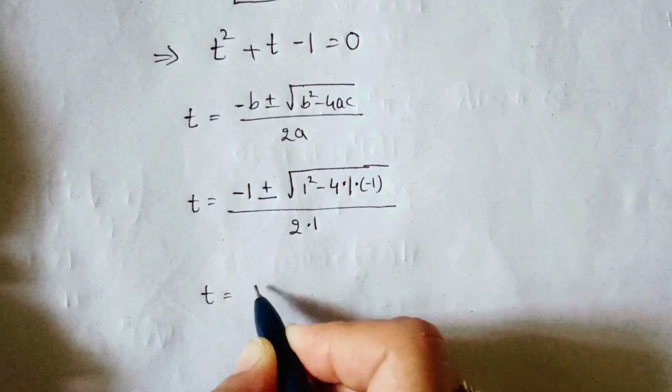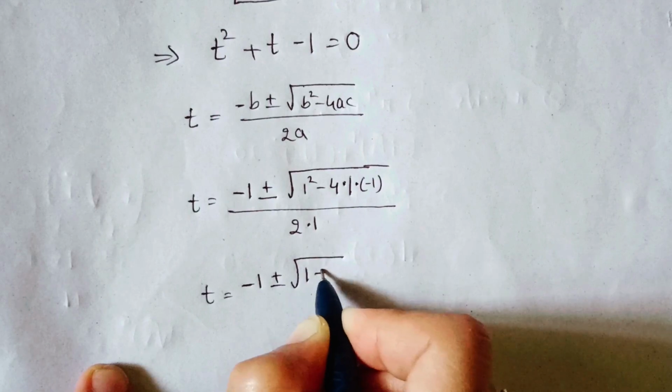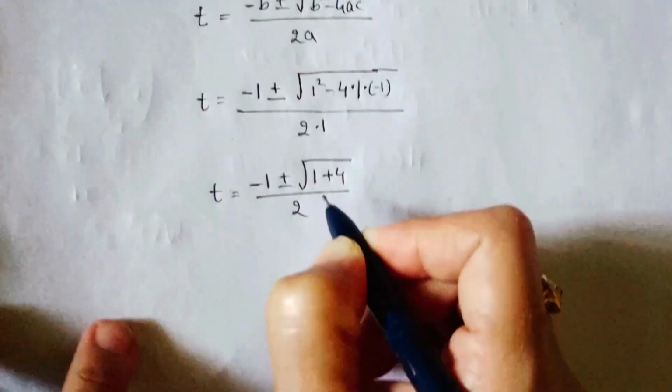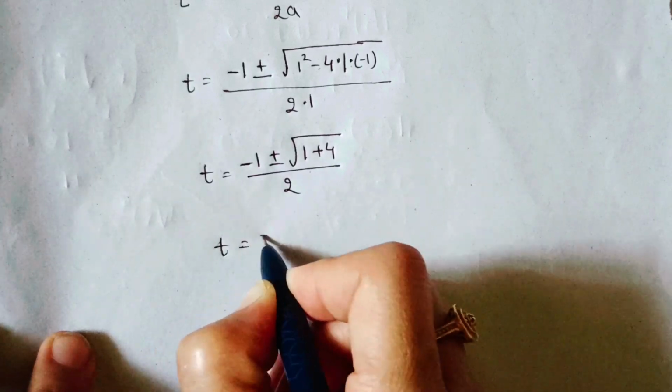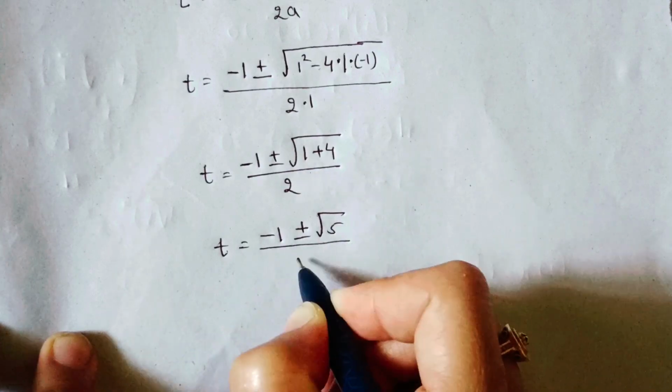Then t equal to minus 1 plus or minus square root of, here 1 plus minus of minus is plus 4, divided by 2.